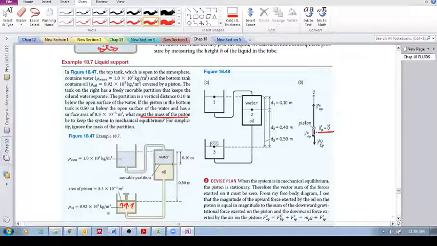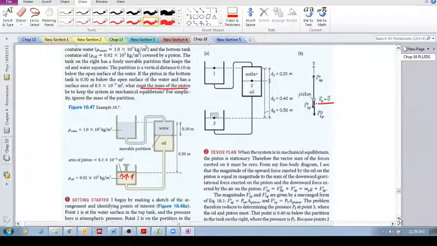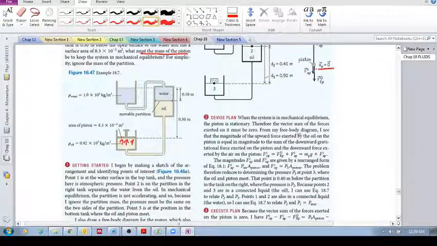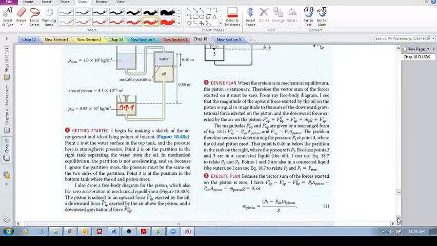Now remember, the question was, what does the mass of this piston need to be so that this whole system is in equilibrium? So if you rearrange the forces, we've got upwards the force of the oil on the piston, minus the force of atmosphere pressing down on the piston, and minus the force of gravity acting down.